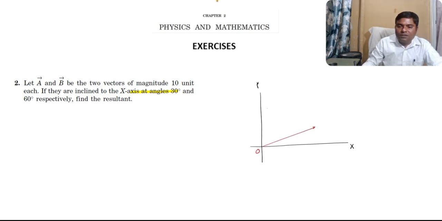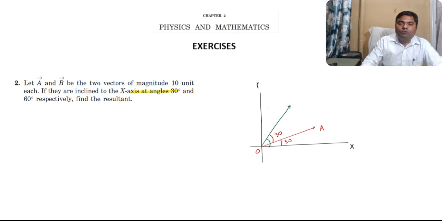So OA is the vector which makes an angle of 30 degrees with the x-axis, and vector OB makes another angle, which is 60 degrees, and the magnitudes of both vectors are the same. Now the angle between both vectors is 60 minus 30, so this is 30 degrees.